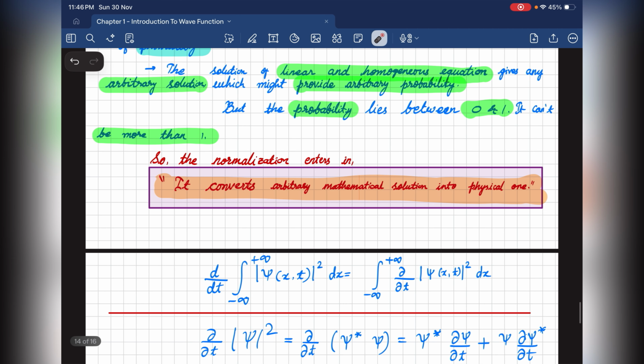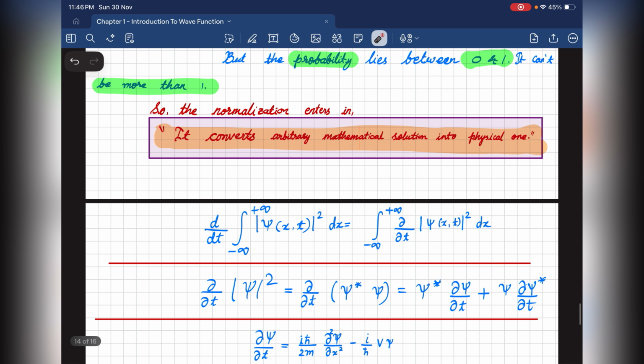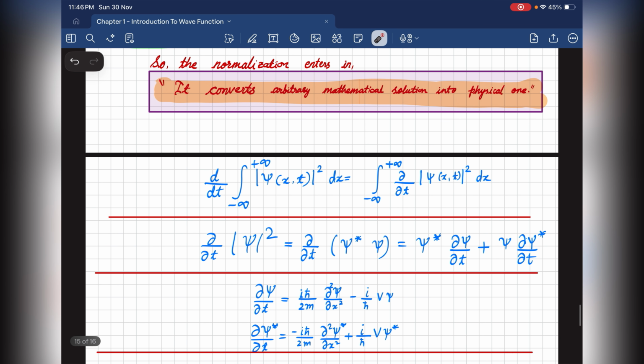Normalization converts an arbitrary mathematical solution into a physical one. So here we are going to check whether the normalization condition evolves with time or not. So d by dt of the normalization condition, the integral from minus infinity to plus infinity of psi of x squared dx, equals the integral from minus infinity to plus infinity of del by del t of psi of x squared dx.